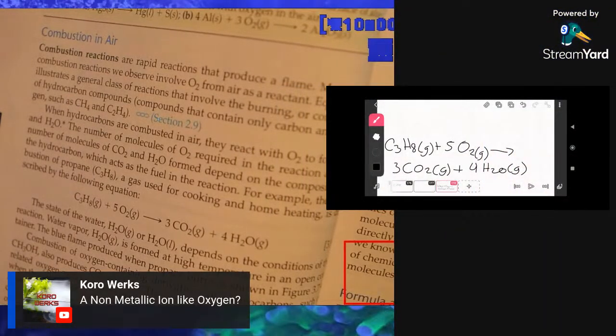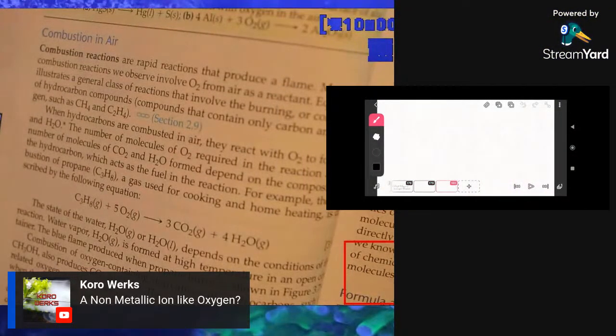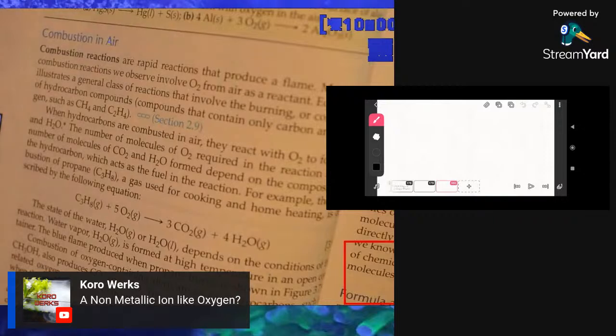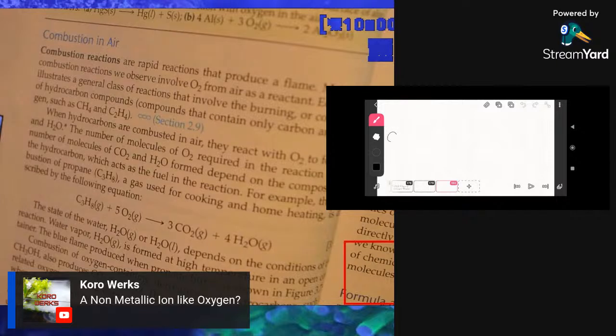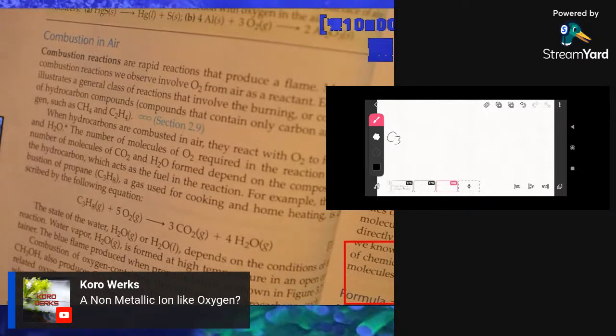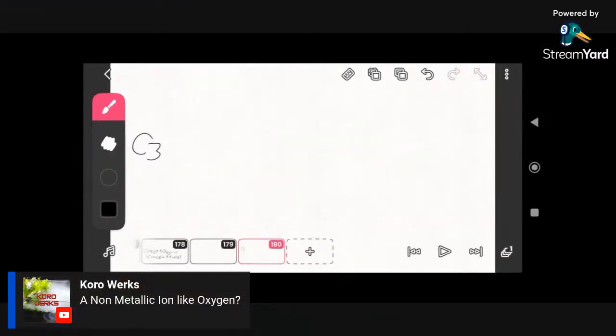So let's rewrite that equation again. So this is the equation right there. Let me get a smaller one. I need to go smaller. So C3. You see that? So this is propane, C3H8, gas, because you buy it at the store.